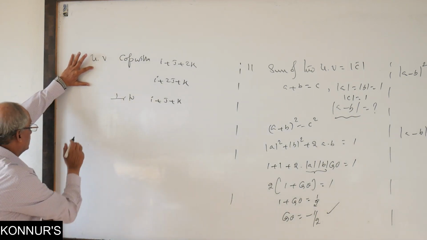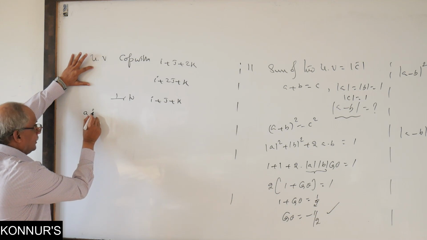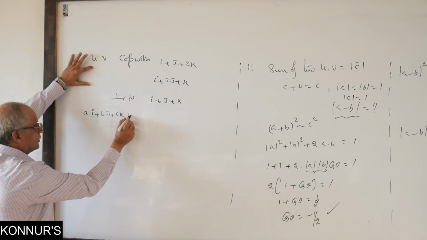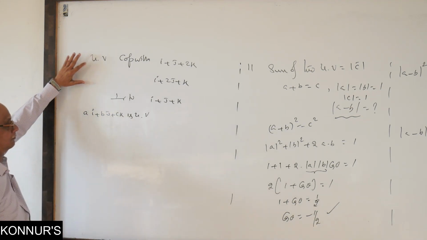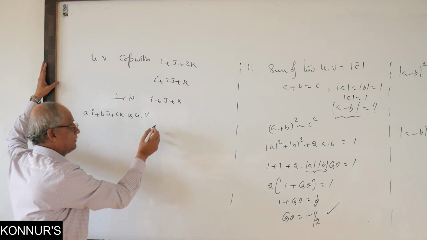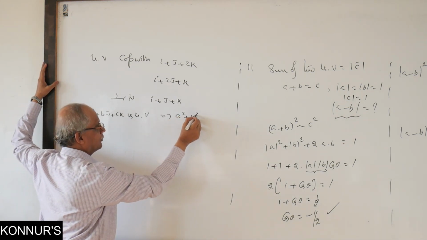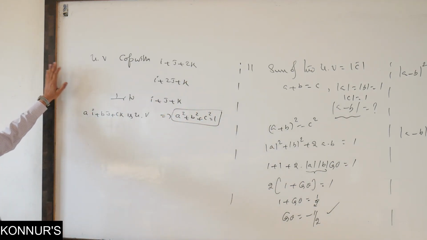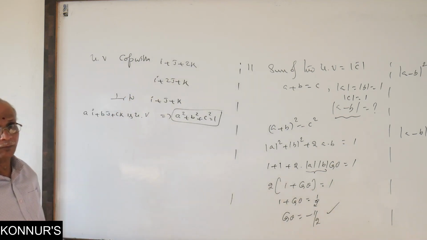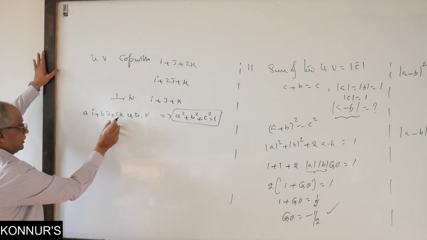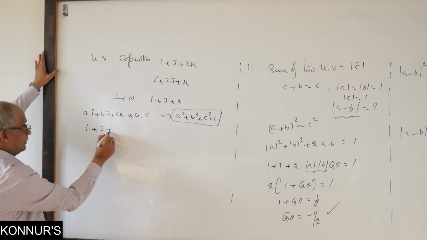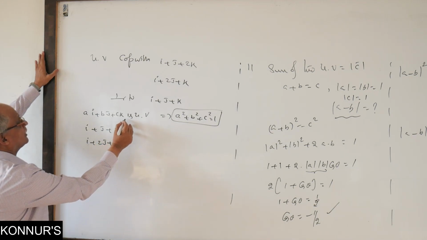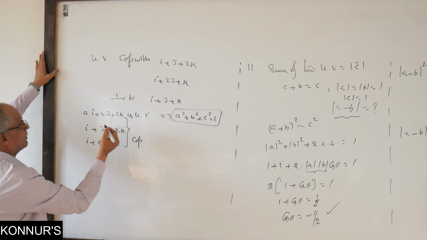Consider one general vector a i plus b j plus c k, which is a unit vector. When it is a unit vector, its magnitude is 1. That is the first condition. When three vectors are coplanar, what is the property?